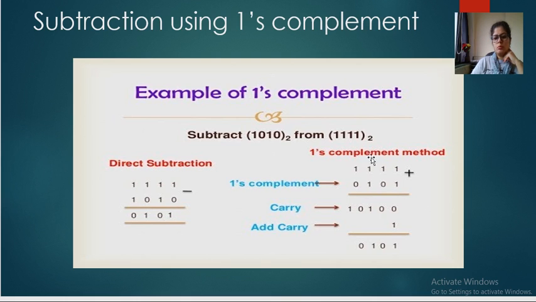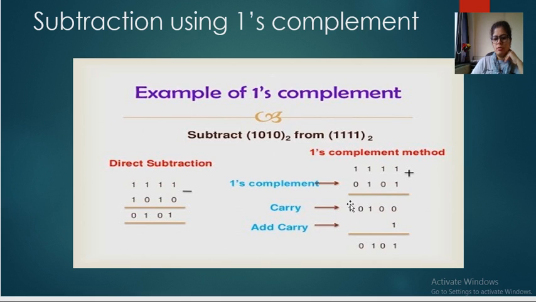So let's move to this step. The original, larger number is 1111, and this is the ones complement number, that is 0101. Now add these two numbers. After adding these two numbers, we get the result 0. 1 plus 1 is 0 with 1 carry, 1 plus 1 is 0 with 1 carry, triple 1 is 1 with 1 carry, 1 plus 1 is 0 with 1 carry. So this is the carry, that is 1.